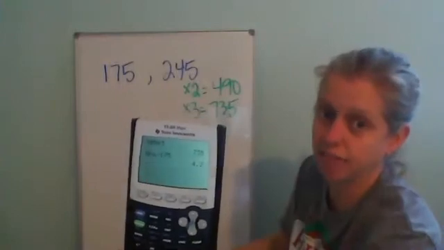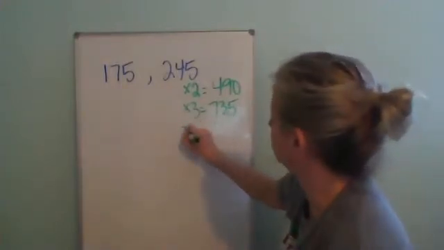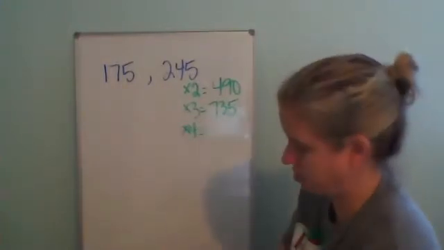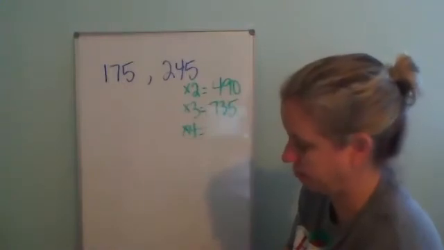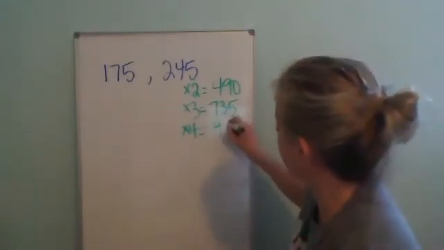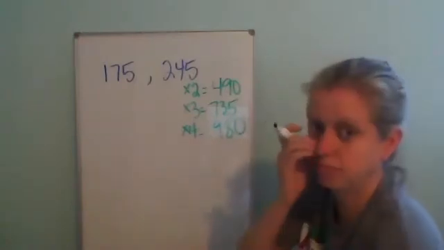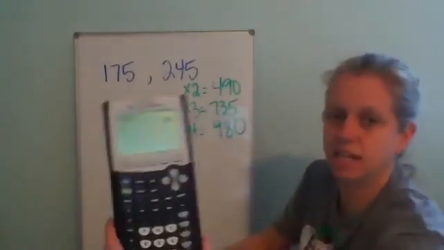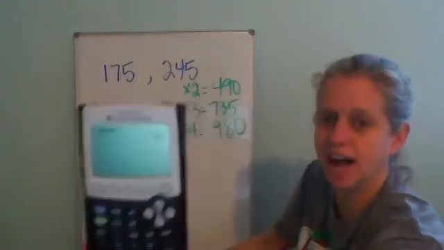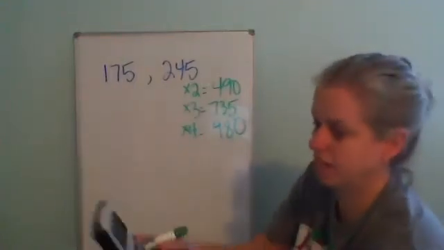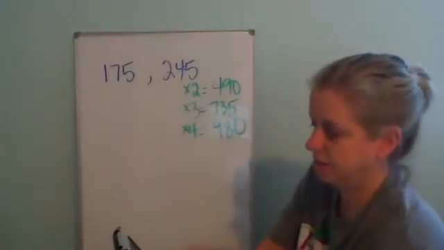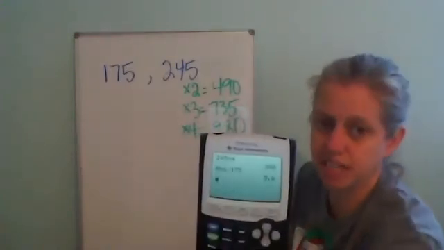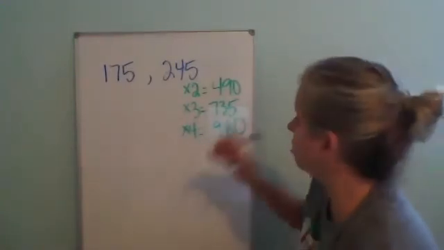So I'm still not there. Now let's see. The next number would be whatever 245 times 4 is, which is 980. So let's divide that by 175. And it gives me 5.6. So I'm still not there. Okay, you'll eventually get there.